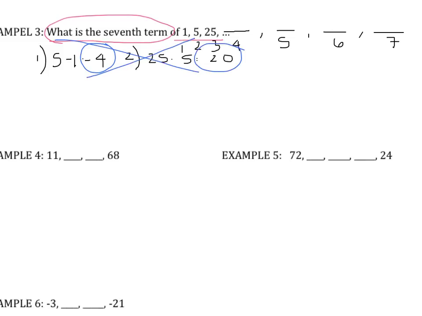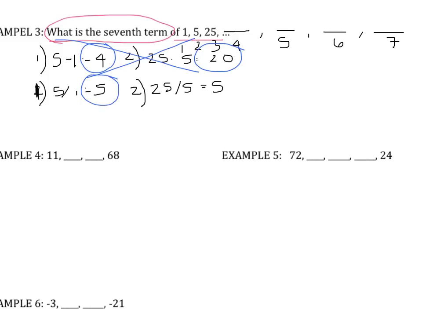So think about yourself, what would be my next step? My next step would be, is it geometric? So I'm going to say, okay, 5 divided by 1 is 5. Oops, and I keep doing that, but that's our first step. Okay, next, our third divided by our second, 25 divided by 5 is 5.